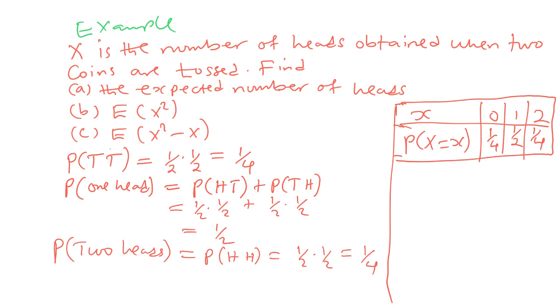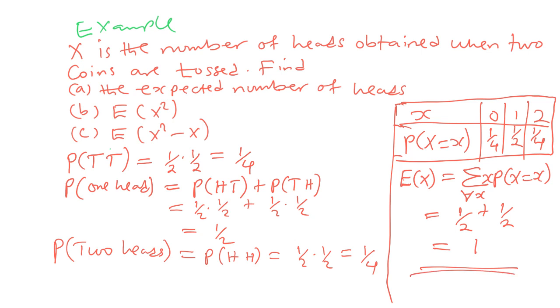And now the expectation of x, we just sum for all the x's, x times the probability of x. So what do we get? 0 times that is a 0. So we have a half plus a half, you end up with 1. So the expected number of heads equals 1.